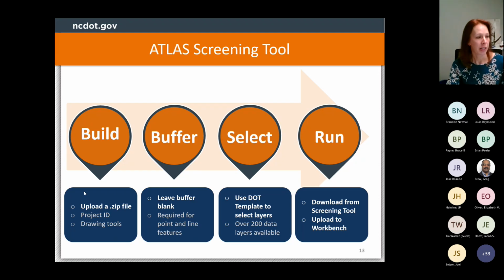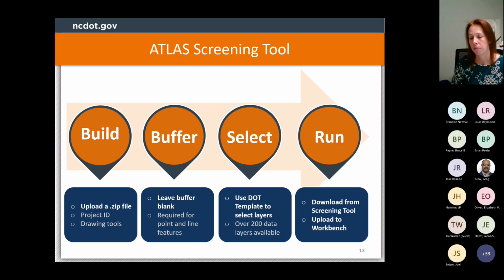So first, building your study area. Like I said, there's several different ways that you can do this. We're going to focus on the uploading for today's training. Second, there is an opportunity to buffer. Now, if you have a polygon, you're not required to buffer. And in the workflow for this process, we actually don't want you to buffer. The study area that you will have created based on the guidance is great, just the way it is.